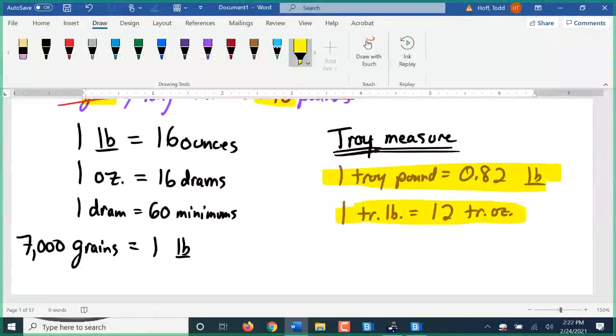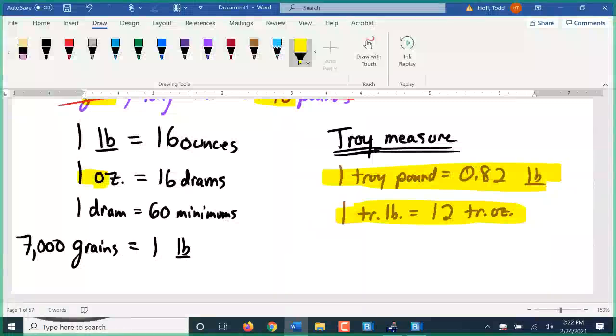But the troy ounce is a little bit larger than our US ounce. So when they say gold has hit $1,900 an ounce, they're not talking about our regular ounce that we normally use. Something slightly larger. Now it's not significantly larger, but just enough to make a difference. A regular ounce would still be pretty pricey.